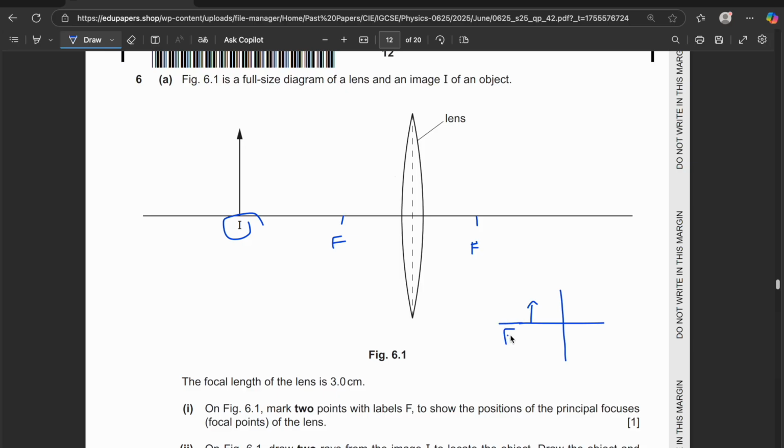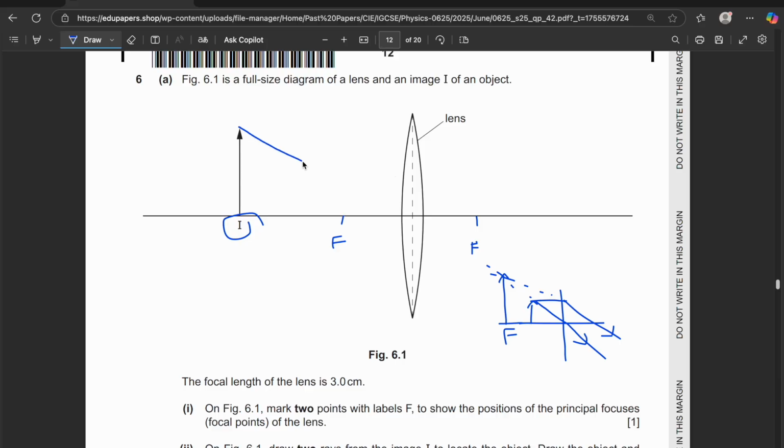Just say this is focus. So in this picture, how do we trace the image? We do it like this, and these two will meet. So just like here, we know that if we draw from the tip to the center, it will meet to the image.